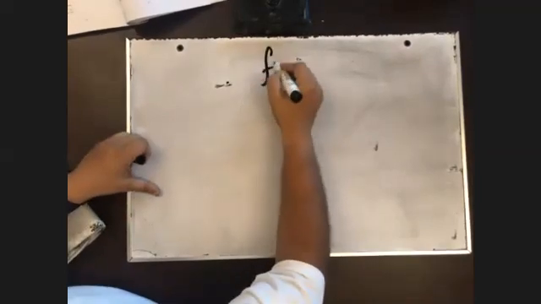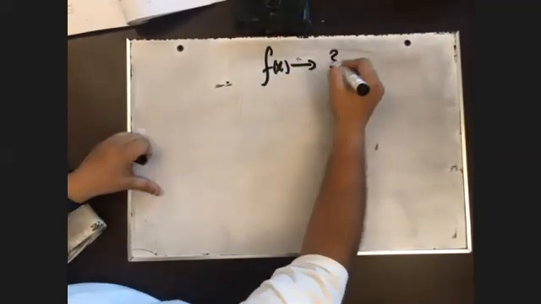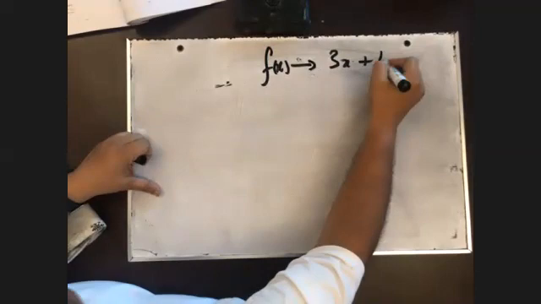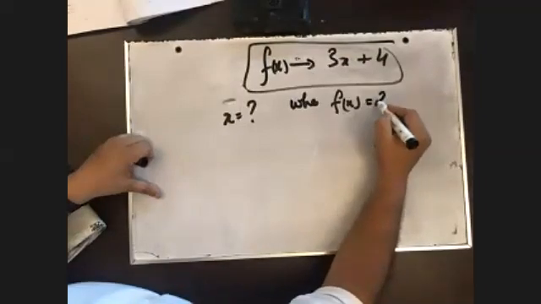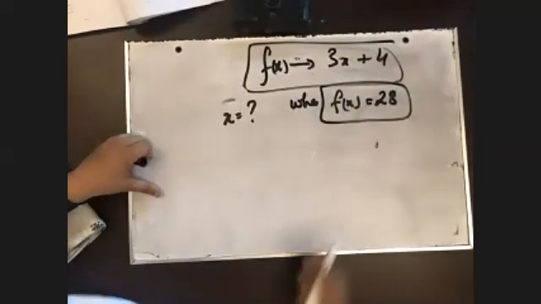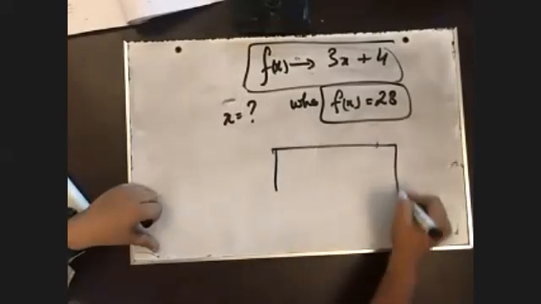We're going to use the same example. f(x) is given as 3x plus 4 is equal to 28. So again, we're talking in our language first.